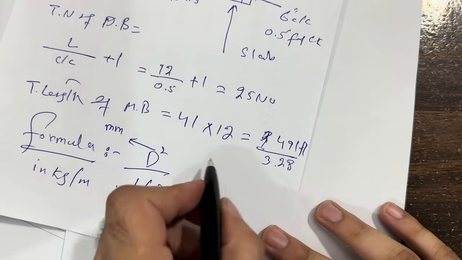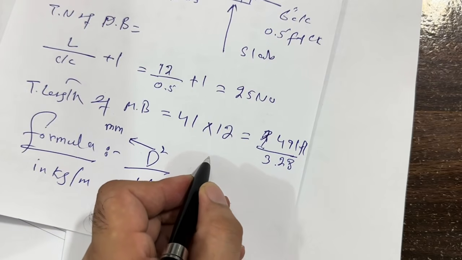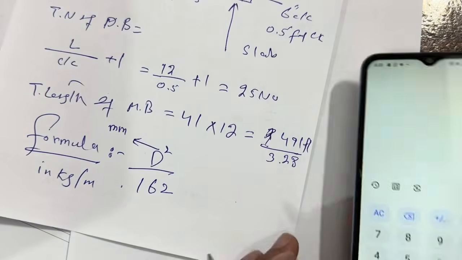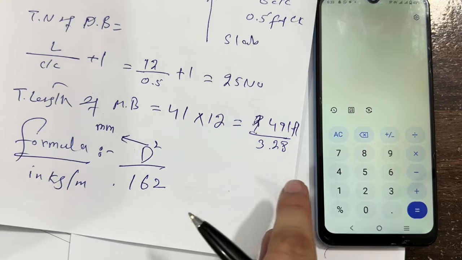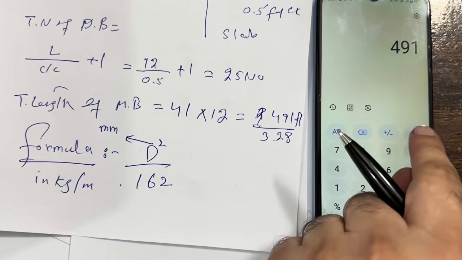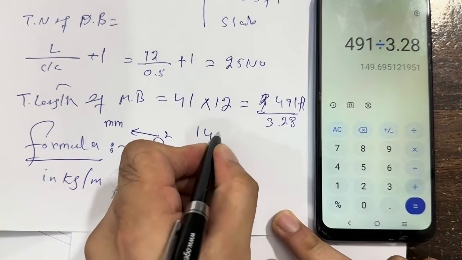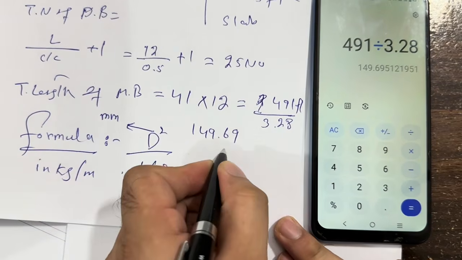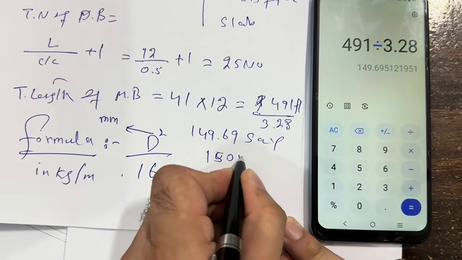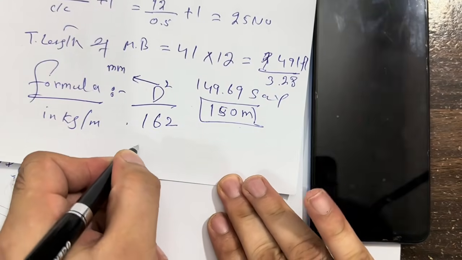Let me calculate it, guys. 491 in feet divided by 3.28. We required 149.69 meter, so say 150 meter.